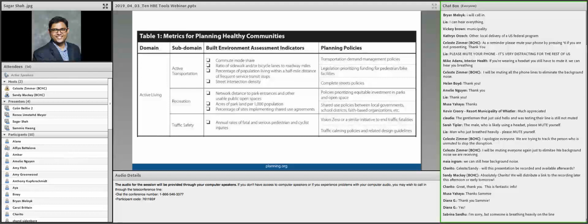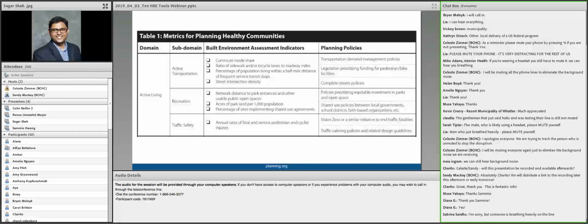This is the metrics I'm talking about, basically. We provided a table divided into 4 columns, and the image you see on the slide is just an example of one domain, active living. In this table, the first 2 columns are the domain and the subdomains.